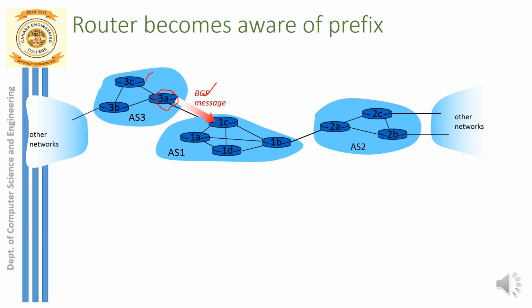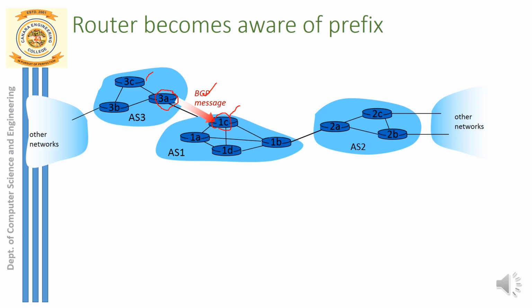And next, now you can see the message. Once it is exchanged, you will get to know all the reachable subnets within AS1. All reachable subnets will be forwarded by the border router 1C. So all reachable subnets in AS1 are maintained in the forwarding table of 1C. That forwarding table information will be shared with the border router 3A.